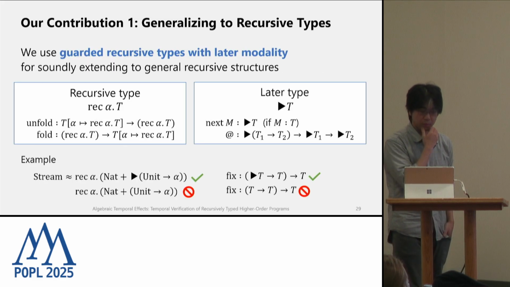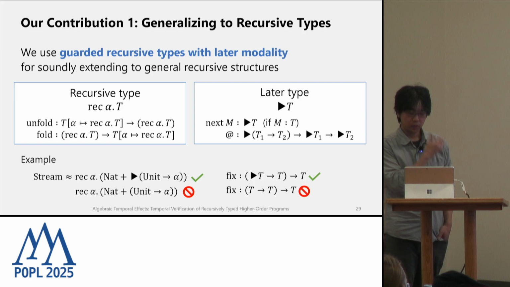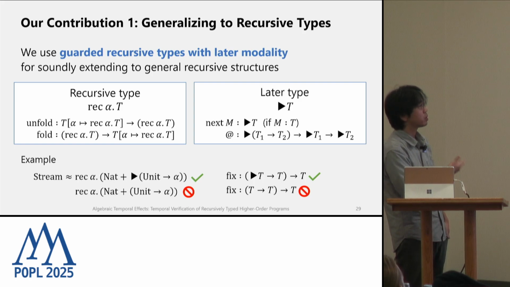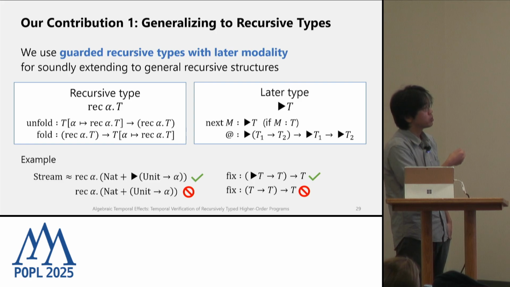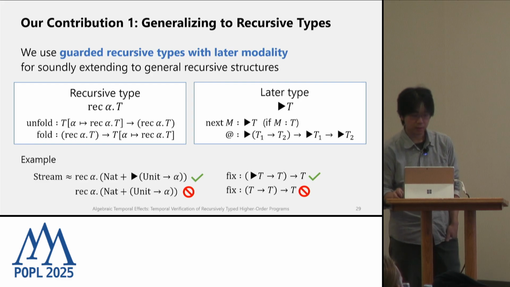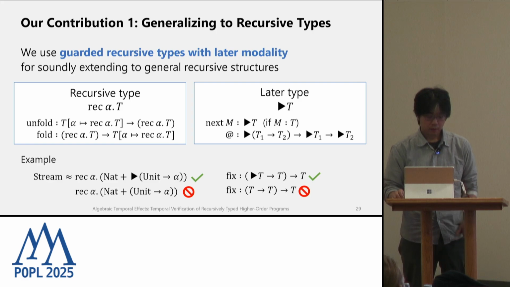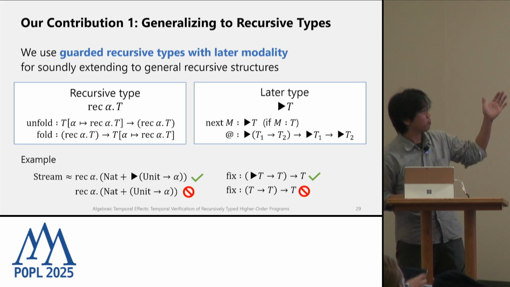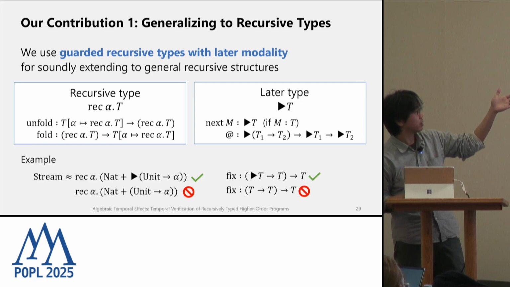And to solve these issues, first we introduced guarded recursive types with the later modality, and we use these recursive types to extend the temporal effect systems. Recursive types are in a very standard form; they provide the standard operations of fold and unfold.